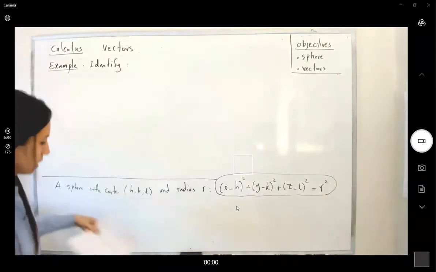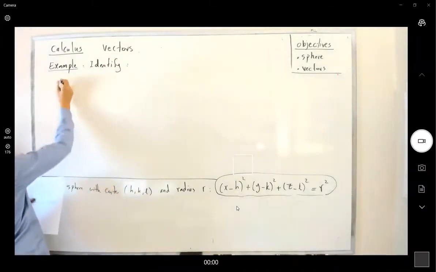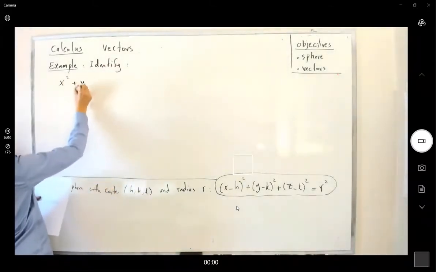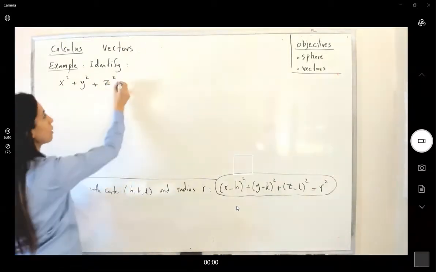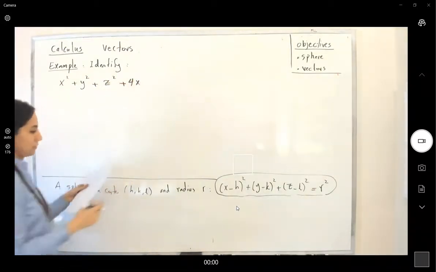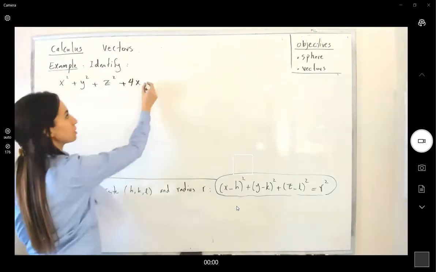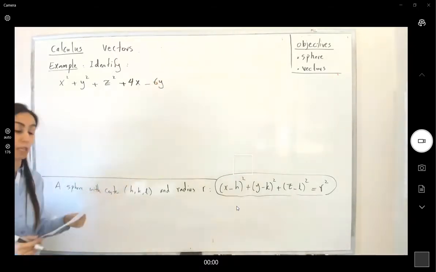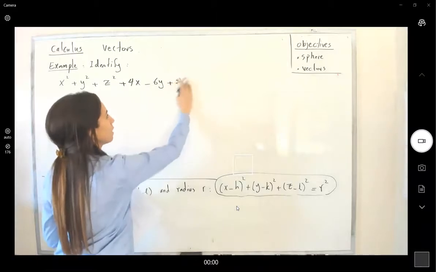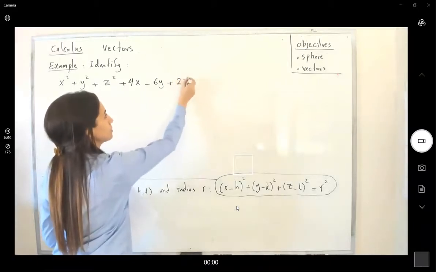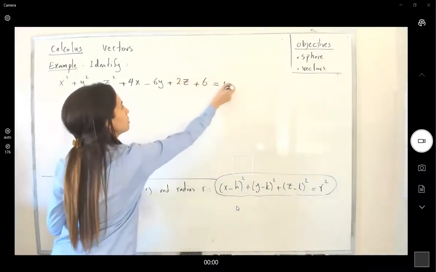What is given to us? We have x squared plus y squared plus z squared plus 4x. Then we have another linear term, minus 6y. The next linear term is 2z. And then we have a constant, 6, equal to 0.